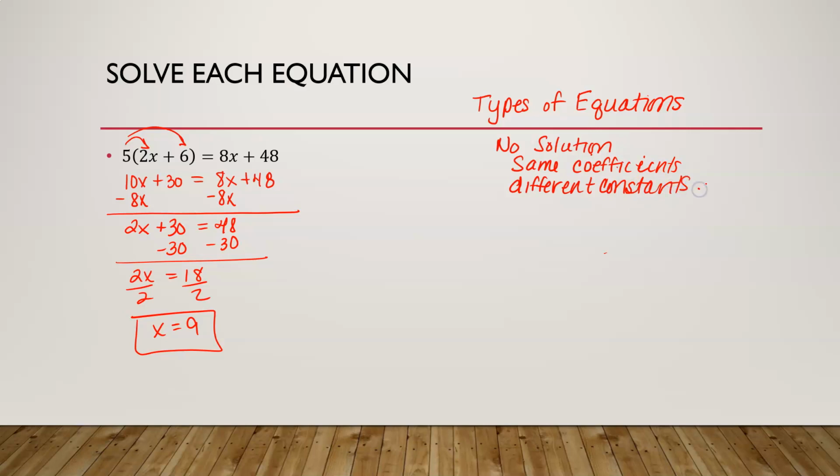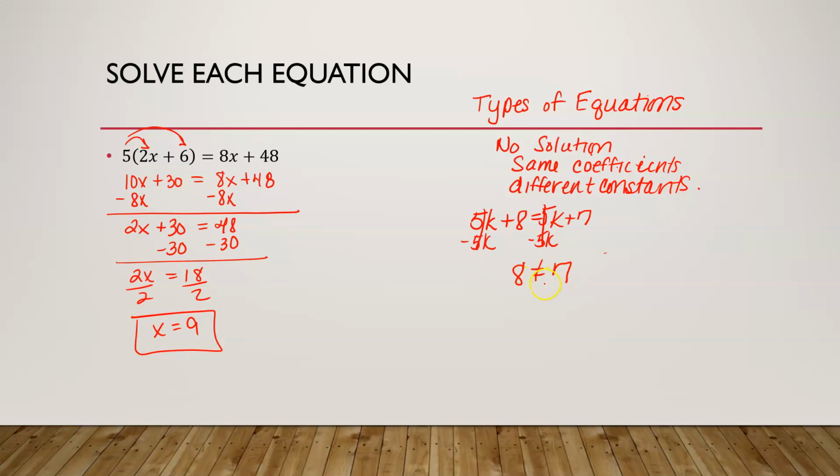Here's an example for you. If I have 5k plus 8 equals 5k plus 7, when I get those variables on one side, they cancel out, right? And I'm left with 8 equals 7. And we know that on no planet anywhere does 8 equal 7.